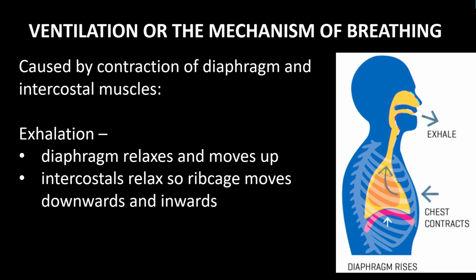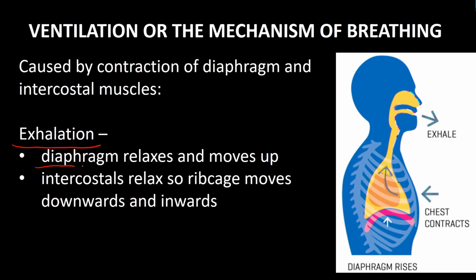Let's have a look at the other process. Exhalation, which is breathing out, is a passive process. After you've breathed in, when you breathe out, all the muscles relax. When the diaphragm relaxes, it moves upwards. When the intercostal muscles relax, the rib cage moves downwards and inwards.